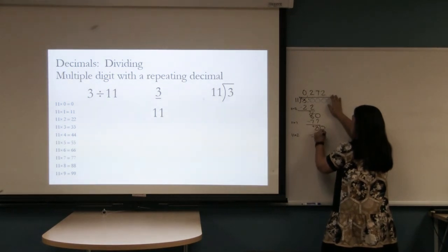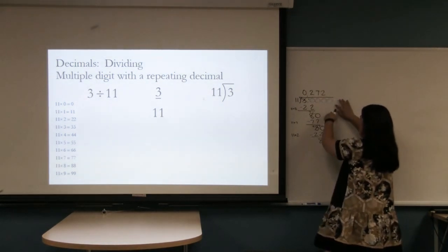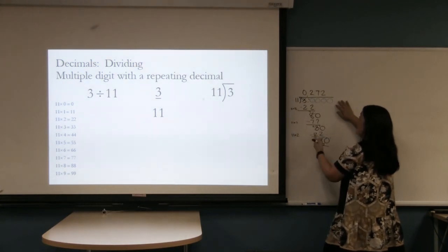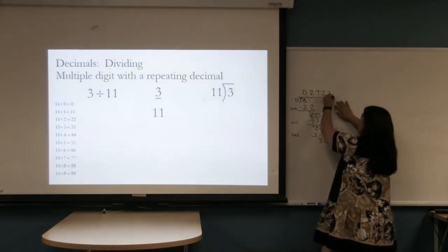And we feel like we've done this before, and we can bring down the 0, and we say 11 into 80. It feels like we just did that. It goes in there 7 times.